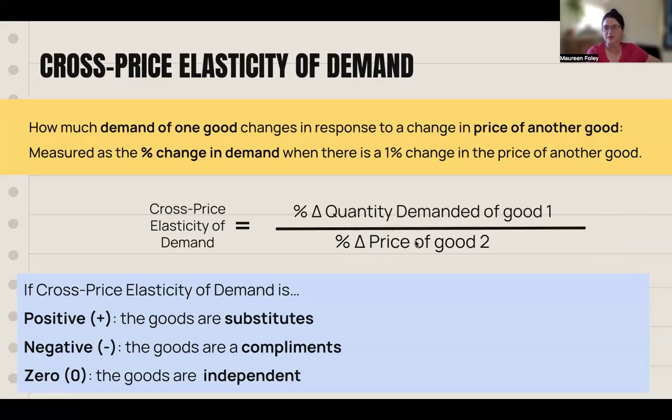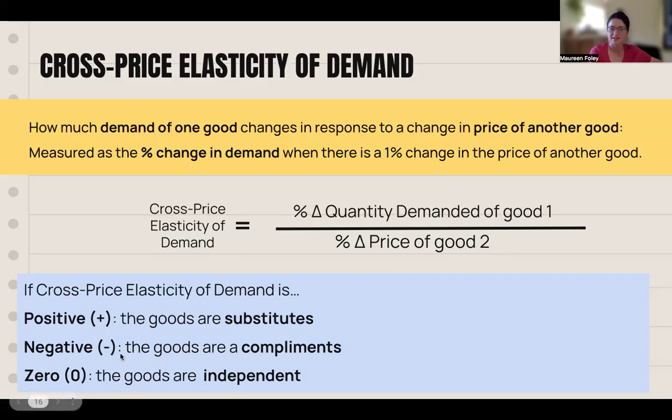So as the price of good two goes up, the quantity demanded of good one goes up, and vice versa. If the price goes down, then the quantity of good one also goes down. Those are substitutes. People switch to more affordable options when the price of a good goes up.